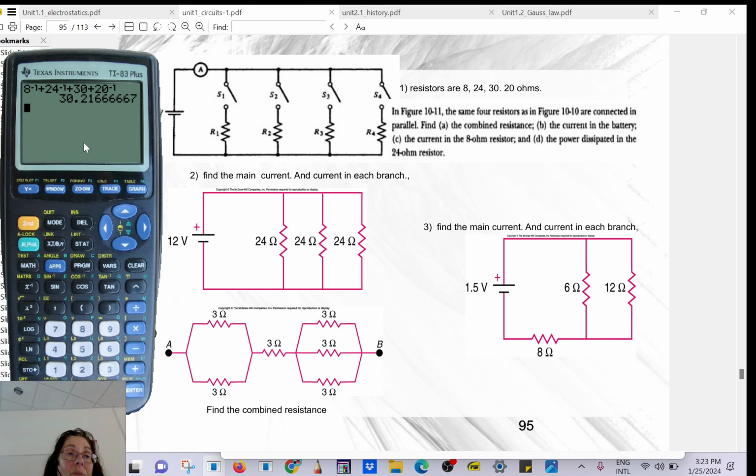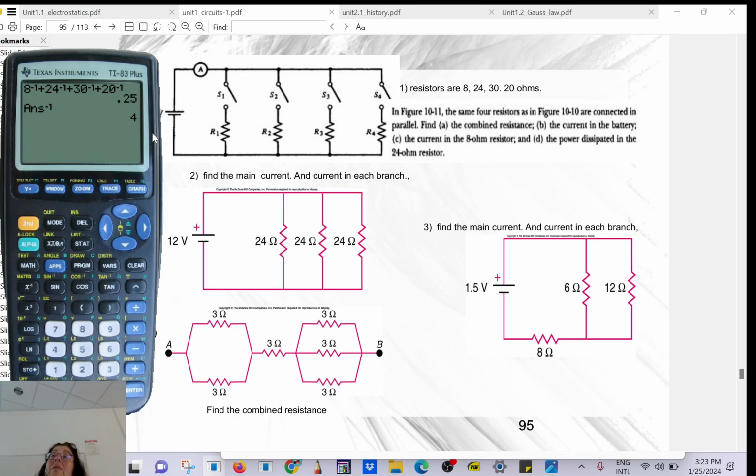And I made a mistake, so don't wait for me. Answer the question. 8 to the minus 1 plus 24 to the minus 1 plus 30 to the minus 1, I forgot the minus 1, plus 20 to the minus 1. So do you get 4? Yes. Do you see that 4?